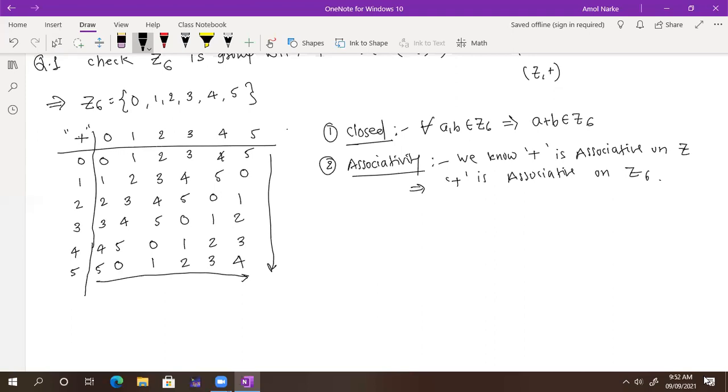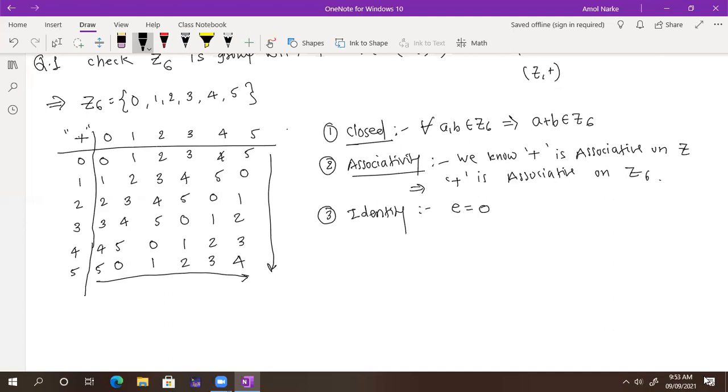Now tell me, what is the identity element? What do you think? What is the value of e? 0. 0 is the correct one.